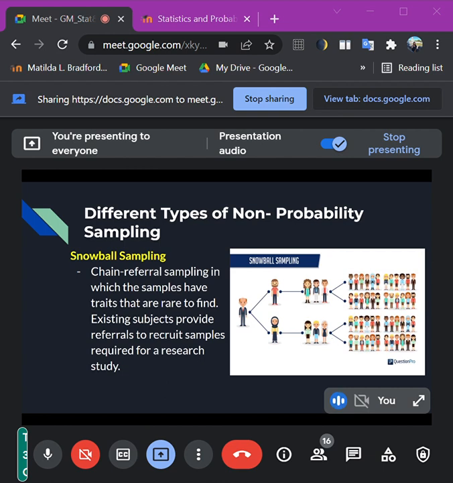Okay, so snowball sampling is already a chain referral sampling, in which if you know someone who has this trait in your subject, they can spread it or refer you to another person with the same trait as your research subject, then you can use snowball sampling. It is not easy since you have to really find people that suit your subject, unlike convenience sampling, which is an easier way to use.